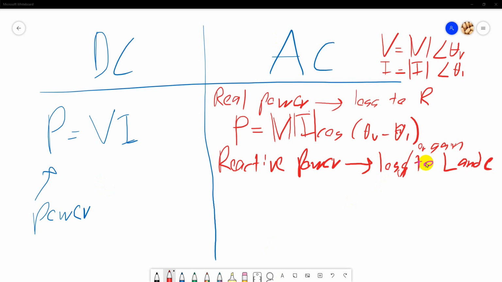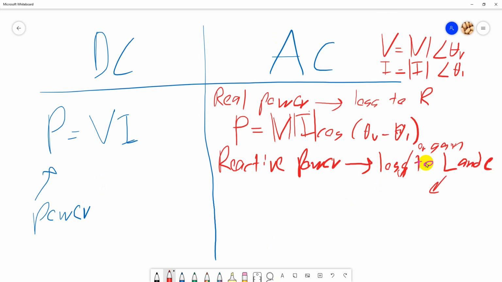Remember, L absorbs, C supplies Q, which is reactive power. L absorbs Q only, and C supplies Q only.